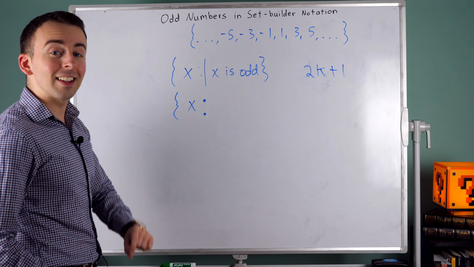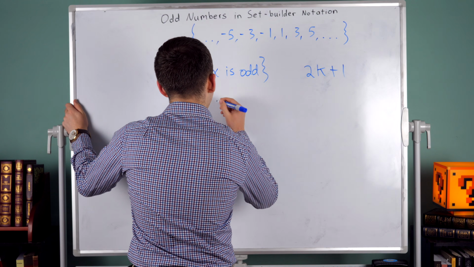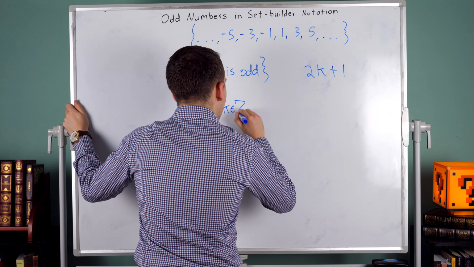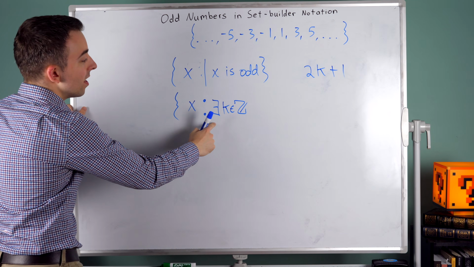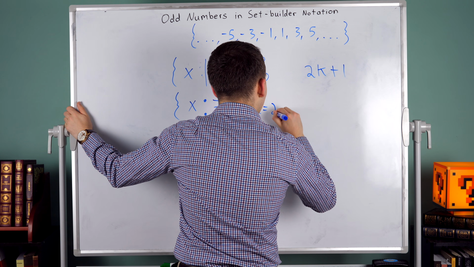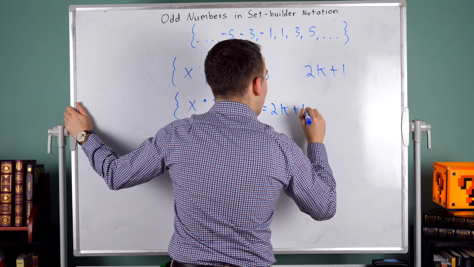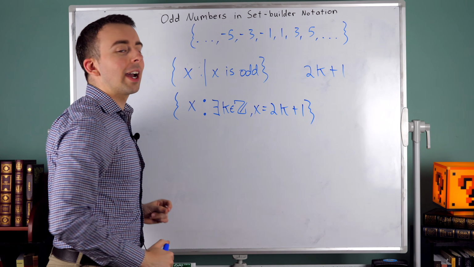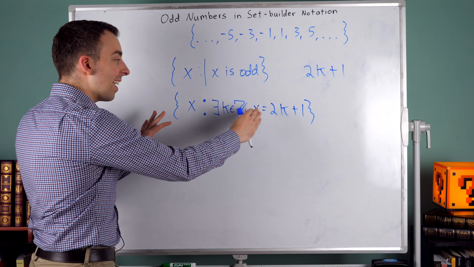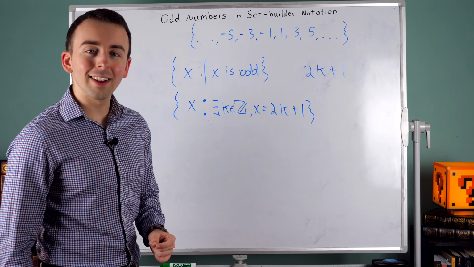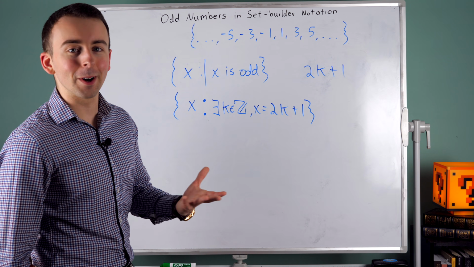All right, so we're going to say all numbers x such that there exists an element of the integers called k, so there exists some integer so that x is one more than 2 times that integer. This is another way of specifying the set of all odd numbers that's actually useful for someone who doesn't already know what an odd number is.